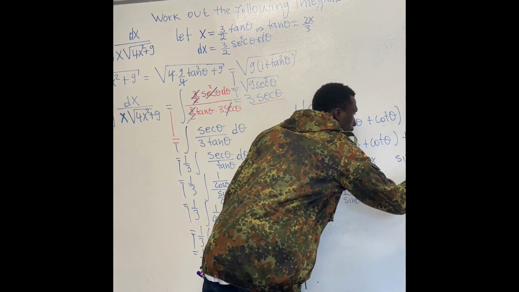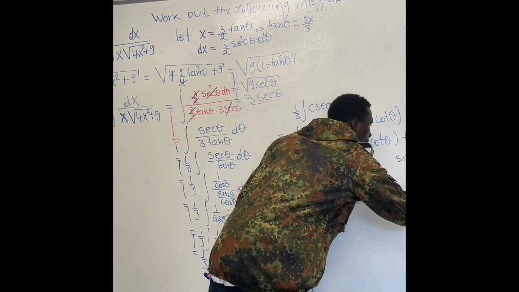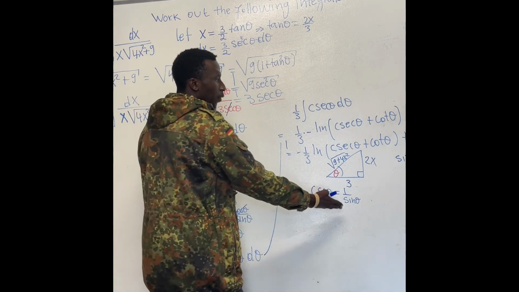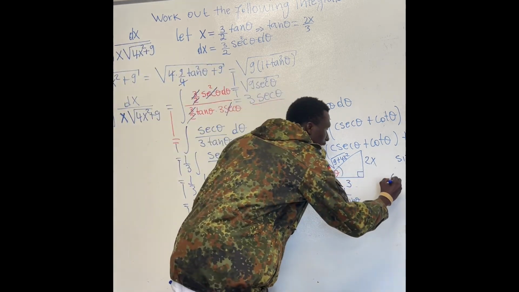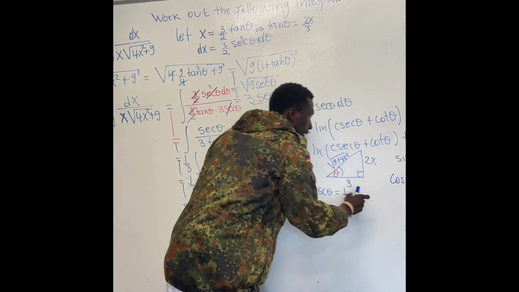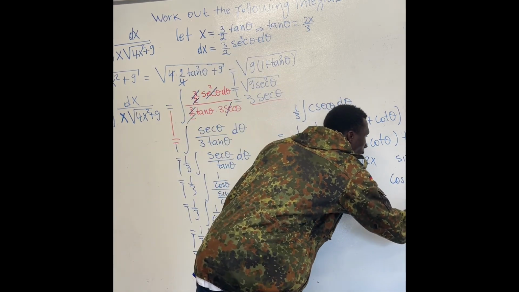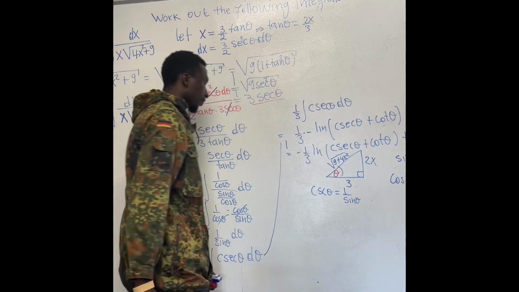So we're just going to have 2x over the square root of 9 plus 4x squared. We also need to find cos theta. Cos theta is the adjacent side over your hypotenuse, so we're going to have 3 over the square root of 9 plus 4x squared.